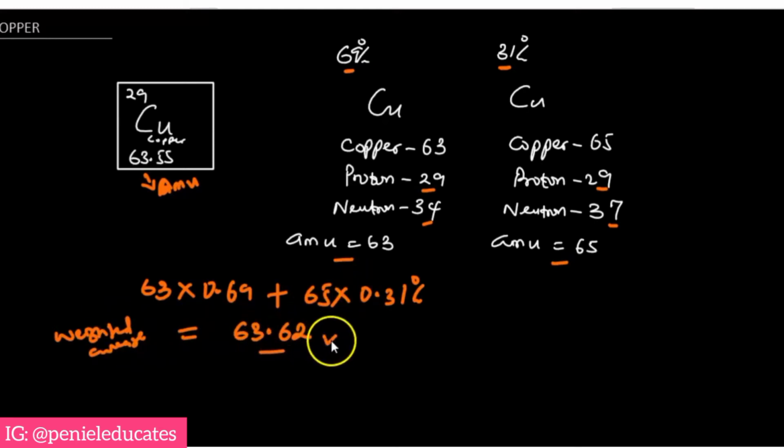Now, this answer, 63.62, is very, very close to this particular copper, copper 63. Why? Because we have the abundance of copper 63 at 69%, which is more than the abundance of copper 65, which is 31%.